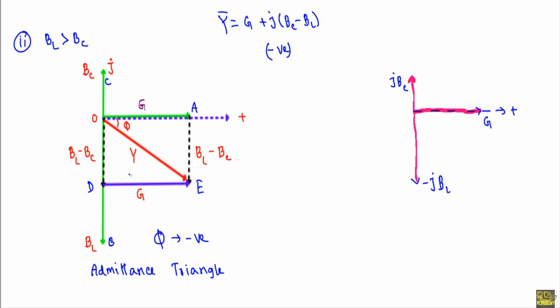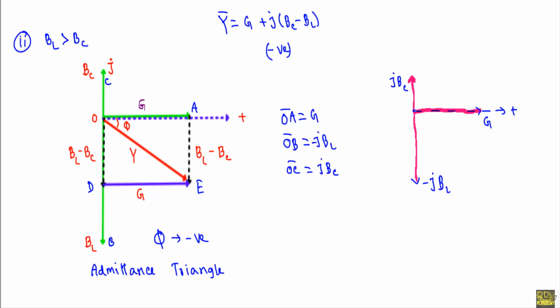Now see, from the neat sketch you will see I indicated G with OA vector, JBL with OB vector, and JBC with OC vector. Sorry, this is minus JBL. As BL is greater than BC, so this resultant will be negative.